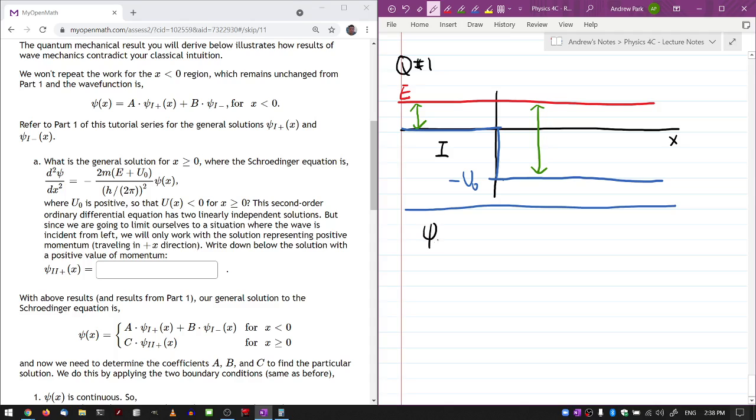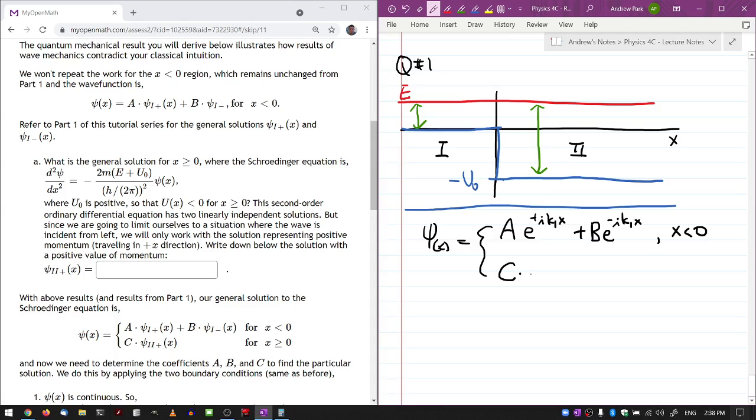The solution for region 1 is a e to the plus ik1 x plus b e to the minus ik1 x for x less than 0. In region 2, it's basically the same oscillatory solution, because E plus U naught is positive as E was.